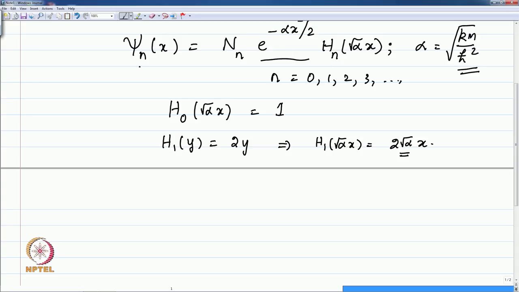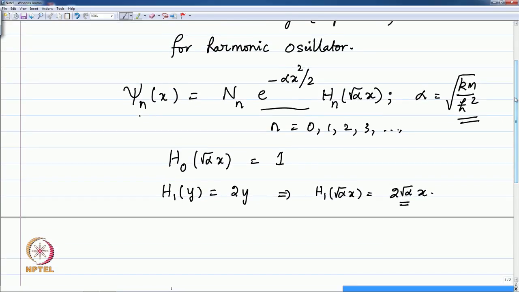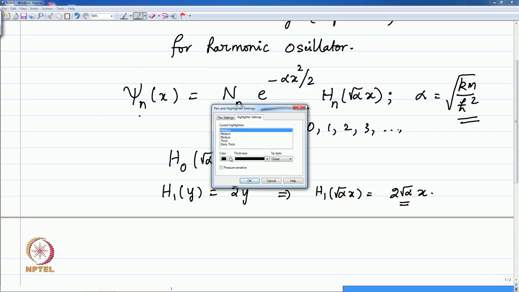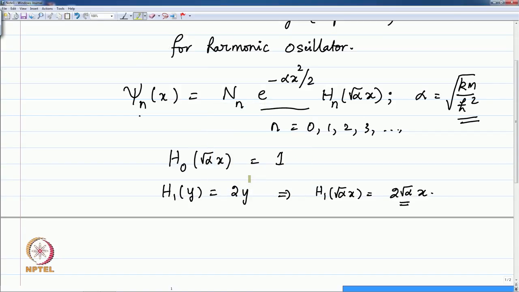If the oscillator is very rigid, that is, it has a force constant which is very high, or if the oscillator is very heavy, like its mass is very large, then alpha is also very large. That is very important, because if alpha is very large, that has a bearing on the exponential minus alpha x square that I have here, because the exponential will become very narrow.